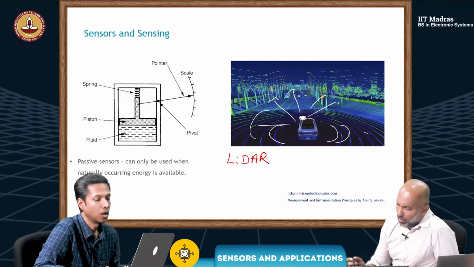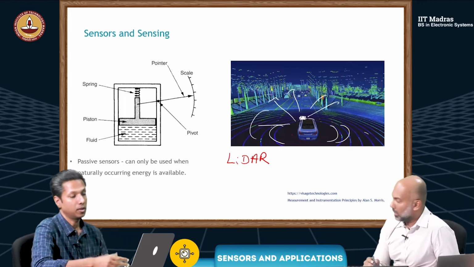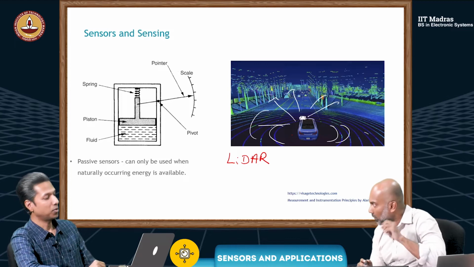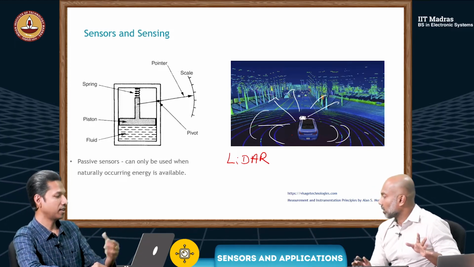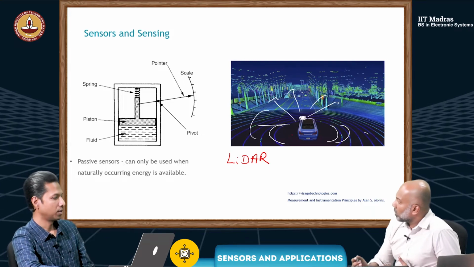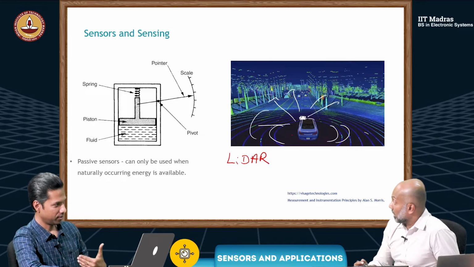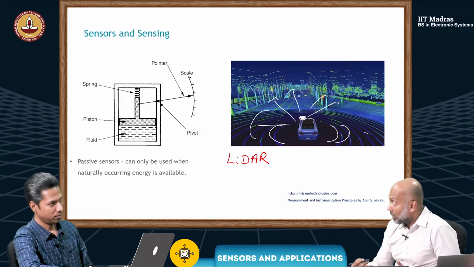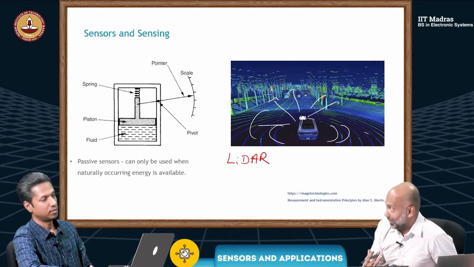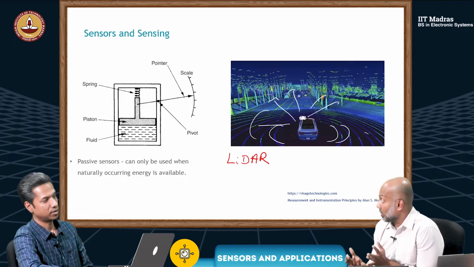Now compared to the previous one, what did we say? We said passive sensors do not require extra power. For the pressure sensor, we didn't use any external power or source, because we don't need it. But here you are actively sending something out, so you have a source. You send something out, and then something reflects back into a receiver that you measure.